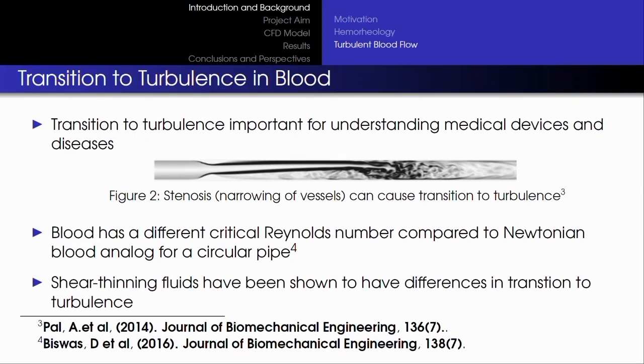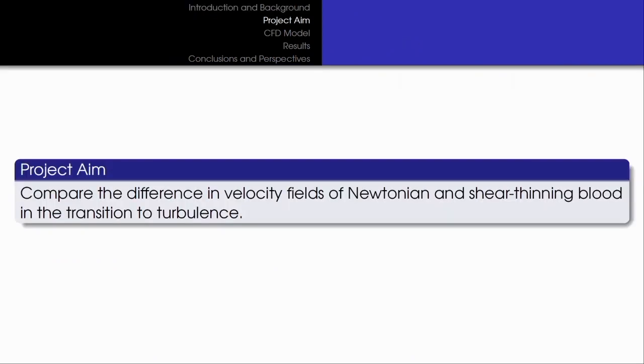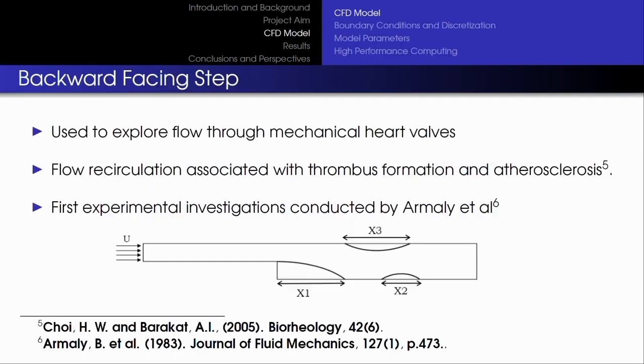In addition to this, shear thinning fluids have been shown to have differences in transition to turbulence. So using these two ideas, the aim of this project is to compare the difference in velocity fields of Newtonian and shear thinning blood in transition to turbulence. So I'm going to go off topic a bit here and look at the backward facing step.